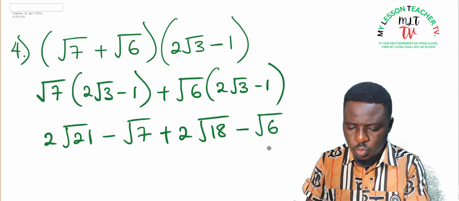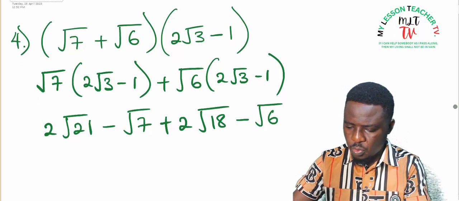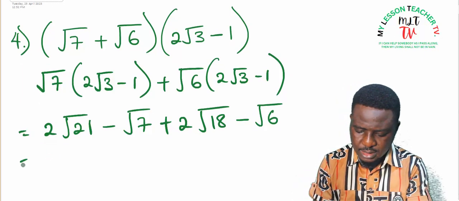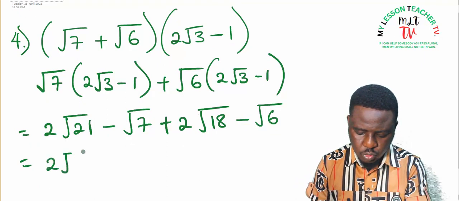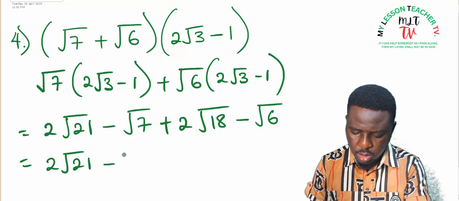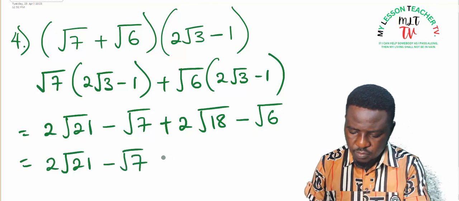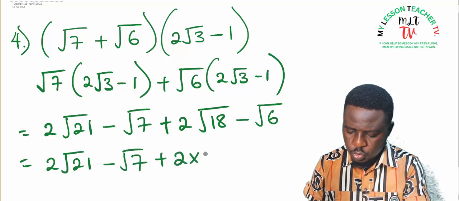minus root 6. When you simplify this, you have 2 root 21 minus root 7 plus 2 times 3 root 2.